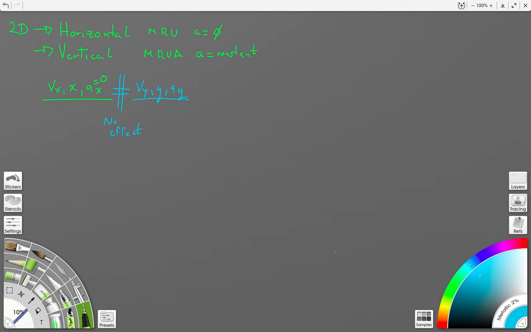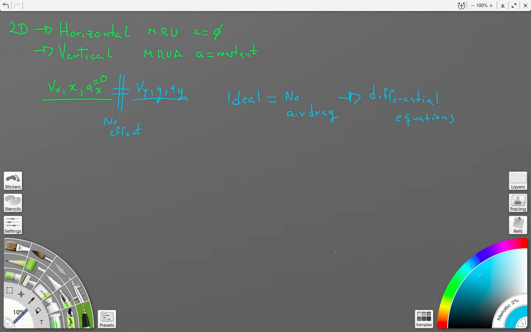Also, these equations, like I said in the past video, are ideal, because we are not taking into consideration air resistance or air drag. If we wanted to take air resistance into consideration, we would have to go into a very beautiful field of mathematics, probably out of your curriculum, called differential equations.